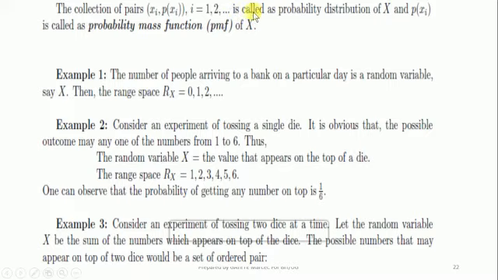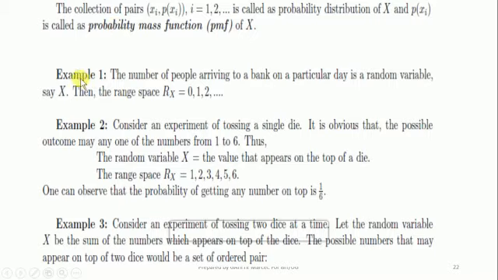This will be called the probability distribution of x, and p(xi) will be called the probability mass function. This is a function: p(xi) is the probability mass function, and xi is the probability distribution of x. It means the values x can hold, and the probability of getting such values in that range is called the probability mass function of x.